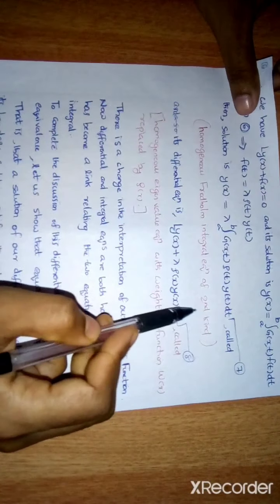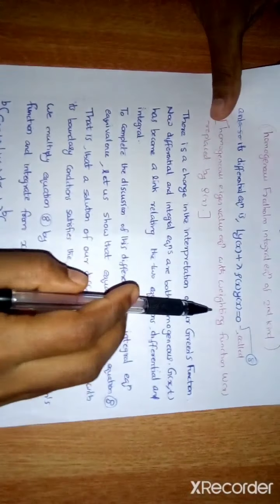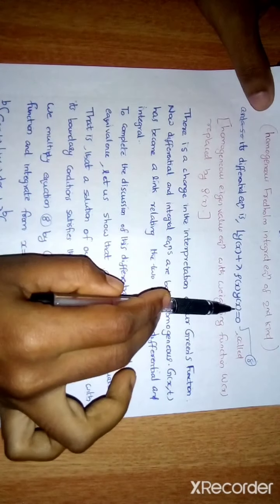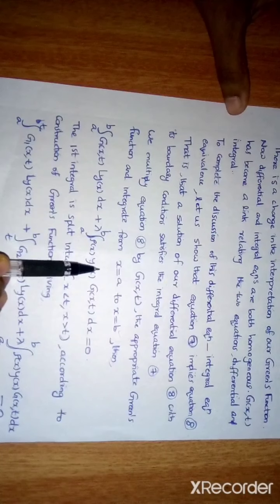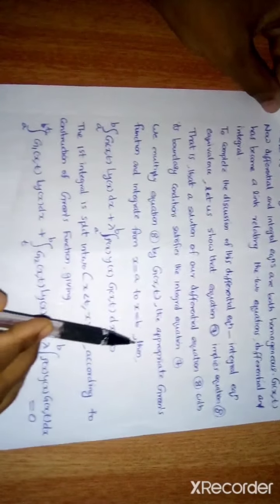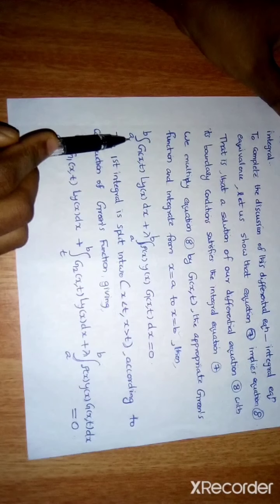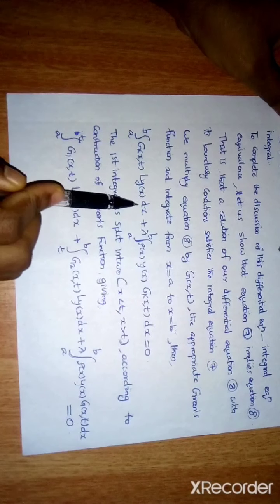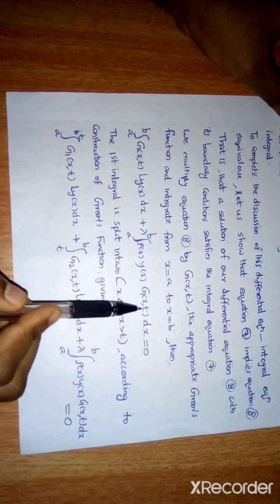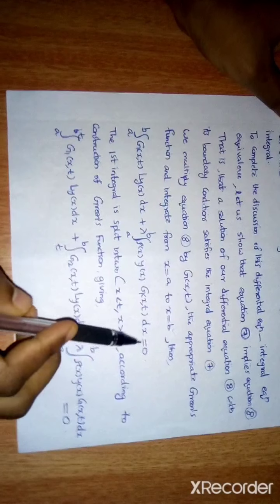For that we multiply g of xt into equation number 8, and integrate from x equal to a to x equal to b, which gives integral a to b g of xt Ly of x dx plus lambda into integral a to b rho of x y of x g of xt dx equal to 0.